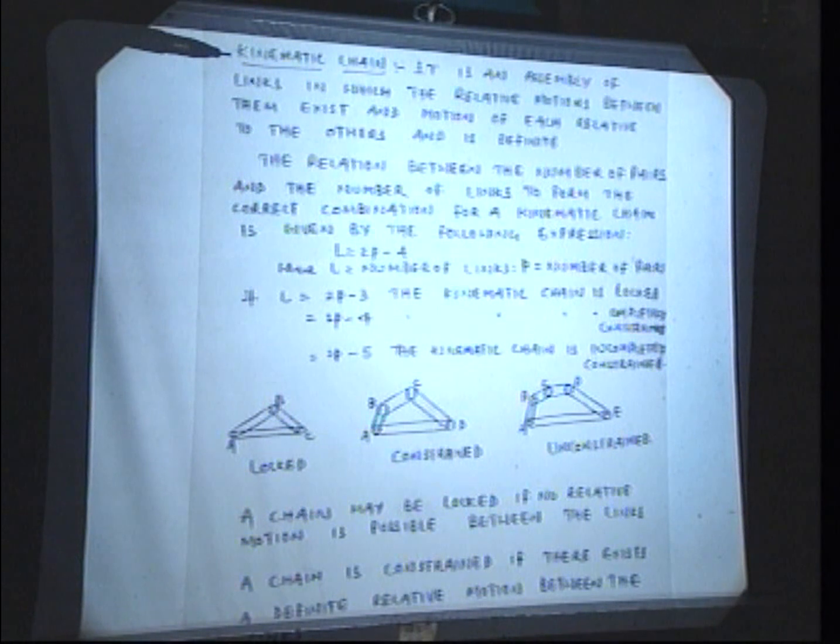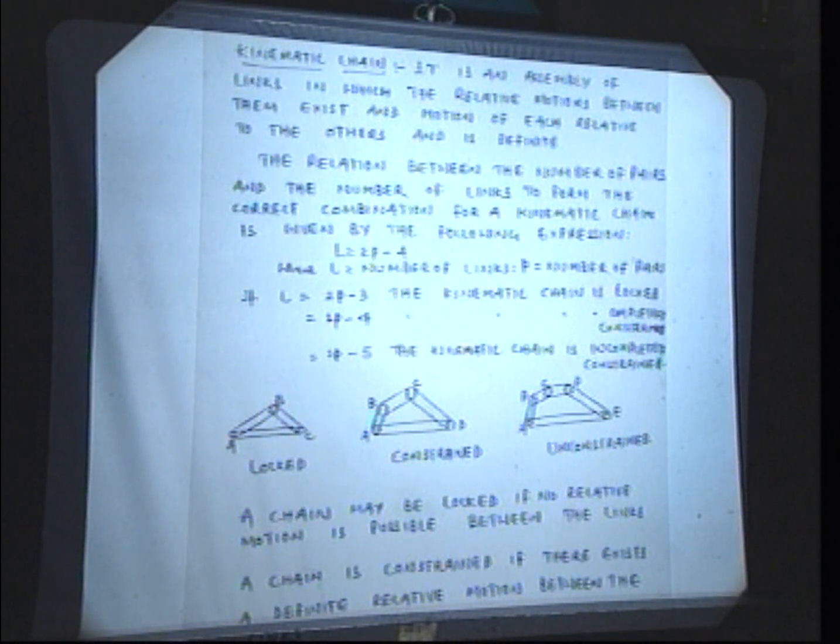We now try to learn about a kinematic chain. The kinematic chain is an assembly of links in which the relative motions between them exist, and motion of each relative to the others is definite.